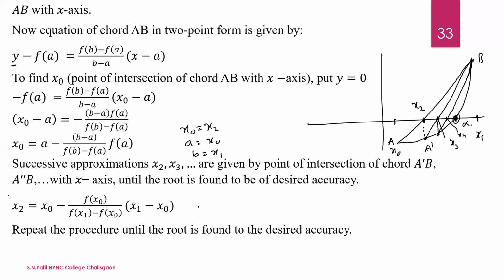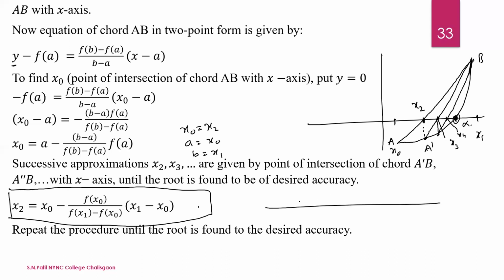Getting it? This is the formula for finding the root, and here x naught and x1 indicate the curve is passing through. This is the x naught point, this is the x1 point. That is, the curve is passing through the interval x naught and x1. Otherwise, the root lies between x naught and x1.